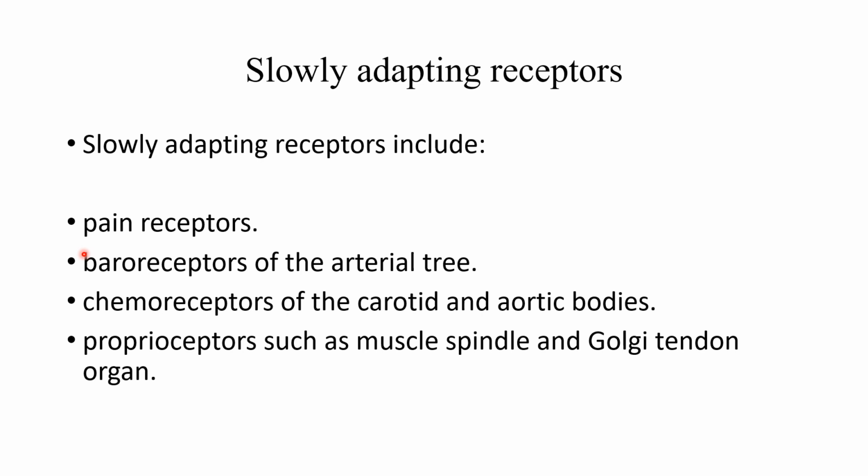So they should be slowly adapting in order to correct these changes in blood pressure. Just like the chemoreceptors also, that detect the changes in the osmolality of body fluid. Proprioceptors tell us about the position and movements around the joints.